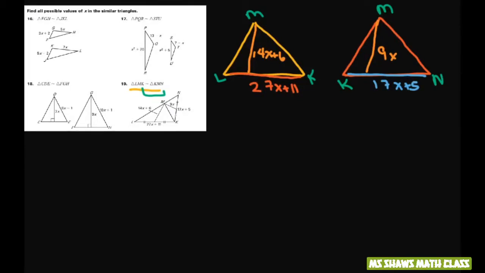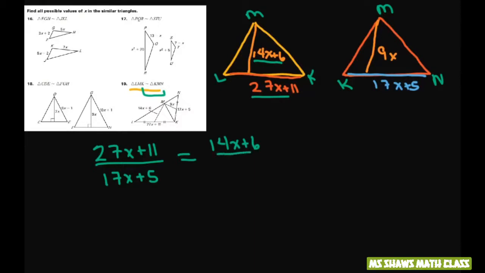And then we just set it up like we did the previous problem as a proportion. So we can do it this way and take 27x plus 11 divided by 17x plus 5 equals, now you want to use this one for the numerator because this is in the numerator. So 14x plus 6 divided by 9x.